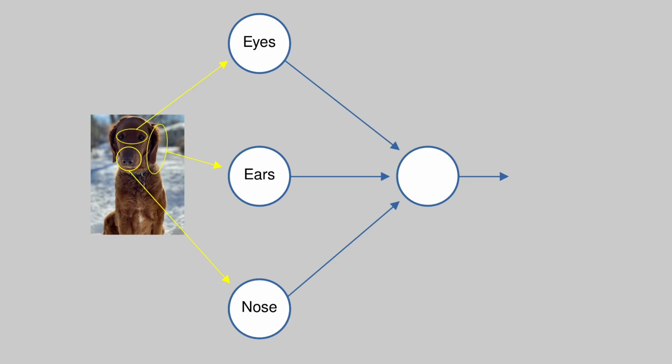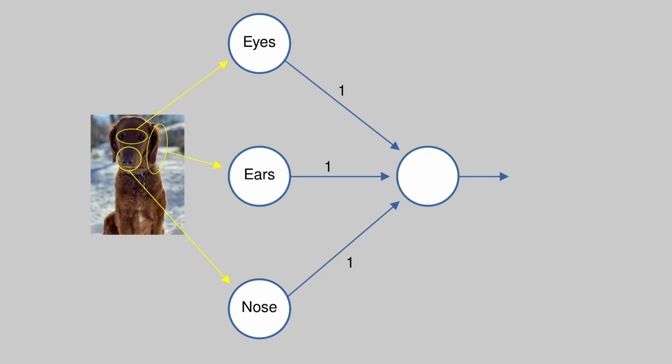Those values in the eyes, ears, nose, and whatever other features we choose will get multiplied by a weight. The importance of weights is to help the next layer or the next perceptron determine the importance of each of the preceding perceptrons. In this example, we are going to say that the eyes, ears, and nose are of equal importance in determining the output for this neural network.